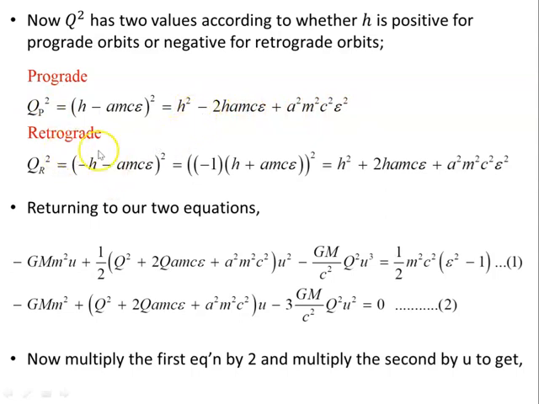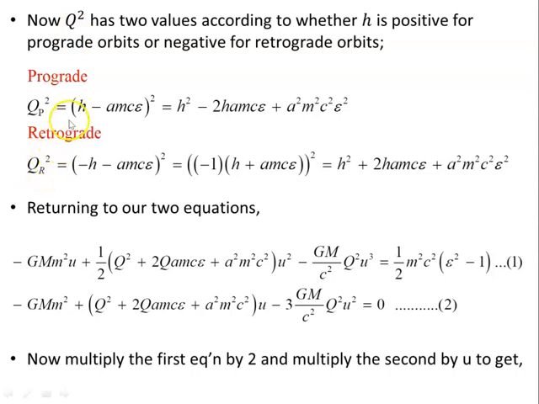And for the retrograde, h is minus. If we work that a little bit, we factor out the minus 1 inside the parentheses squared, well, that's just plus 1. Then expanding that out, there's no minuses, it's all plus. So Q_r squared is larger than Q_p squared for the same values. So just bear that in mind, because one is prograde for Q squared and one is retrograde.